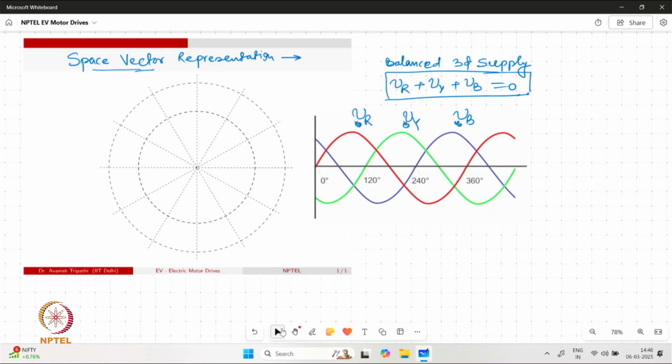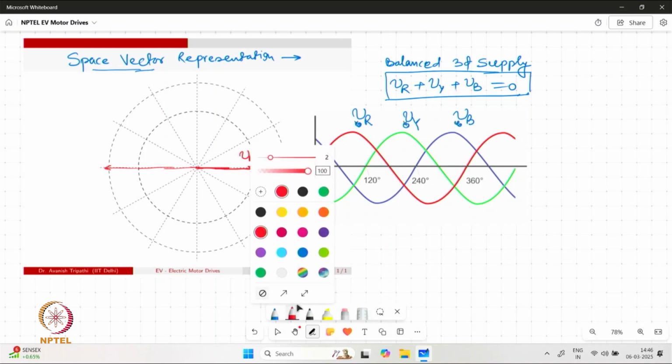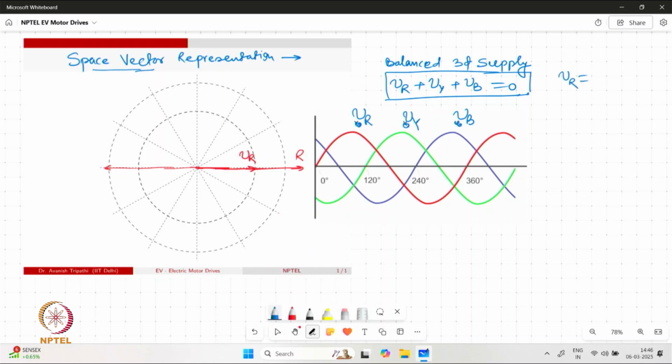So for example, if we talk about R phase VR, we can consider this horizontal axis along which VR is placed. So I can say this is the R phase axis and VR can be placed at this point. Now what it means is that when we have voltage given as Vm sin omega t, it can change its magnitude from plus Vm to minus Vm.